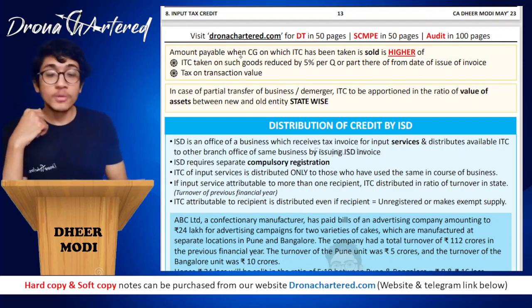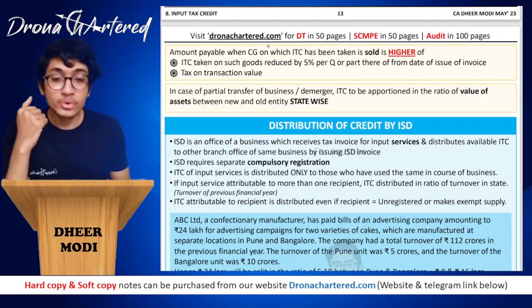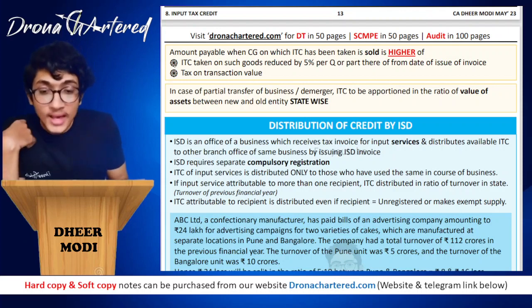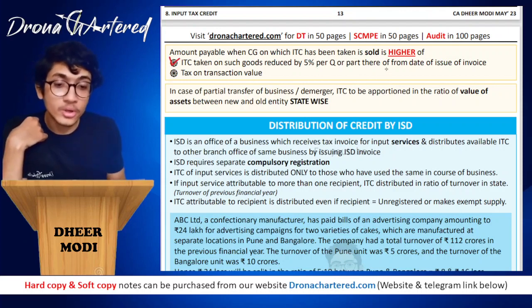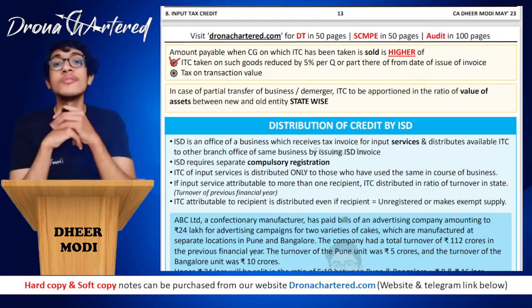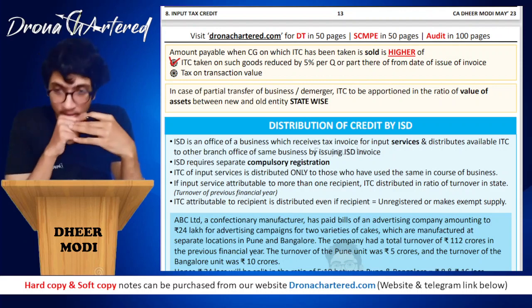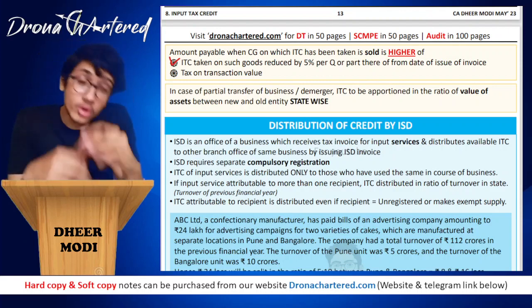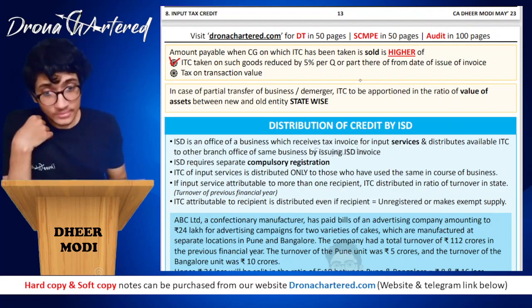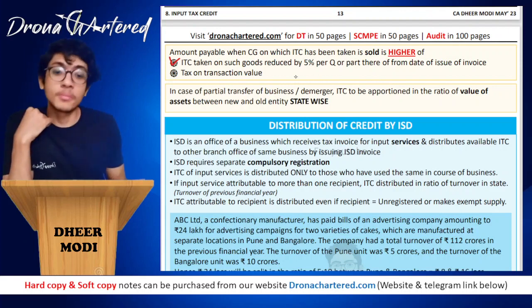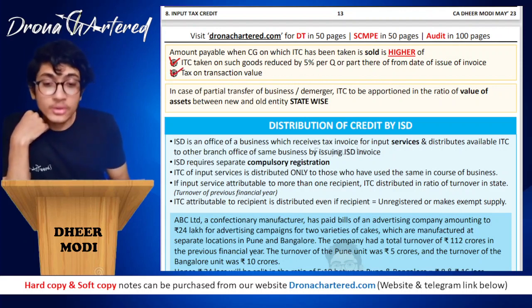So the amount payable, that is the tax that will be charged to you now, will be the higher of ITC taken on such goods reduced by 5% per quarter or part thereof from the date of issue of invoice. That is, we are subtracting that portion of the time for which you have already used this good. Therefore, we are reducing it by 5% per quarter, or tax on the transaction value.